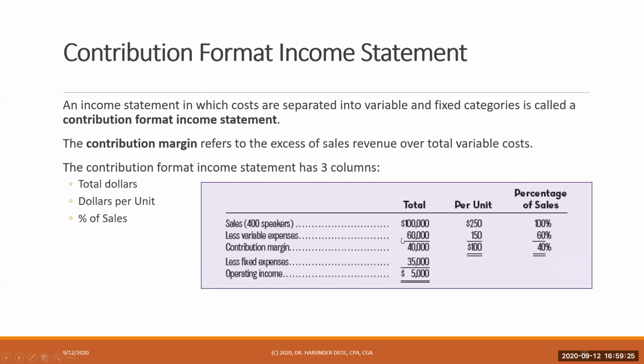So for 400 speakers, 60,000 works out to $150 for each unit. Sales minus the total variable expenses is contribution margin. And then if you take away fixed costs from contribution margin, you get operating income. The per unit calculation and the percentage of sales calculation is only done for up to the contribution margin line.